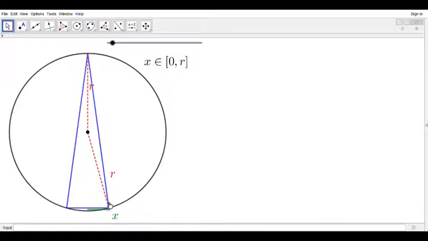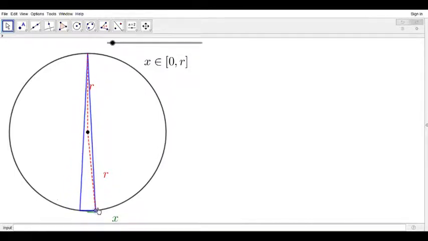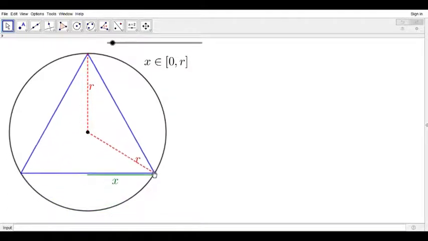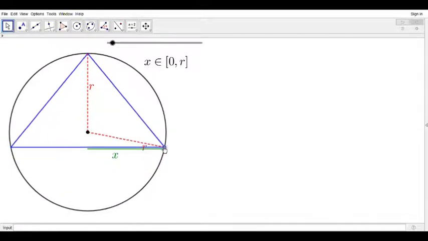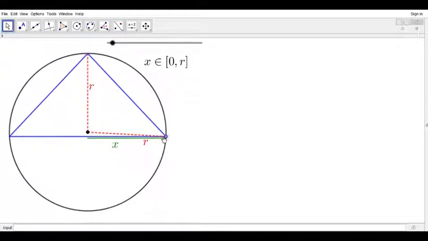Of course, strictly speaking, x never becomes 0, or else this triangle ceases to be a triangle. And x is at most r because the base can be no longer than the diameter, so therefore x can be no longer than the radius of the circle. All right.